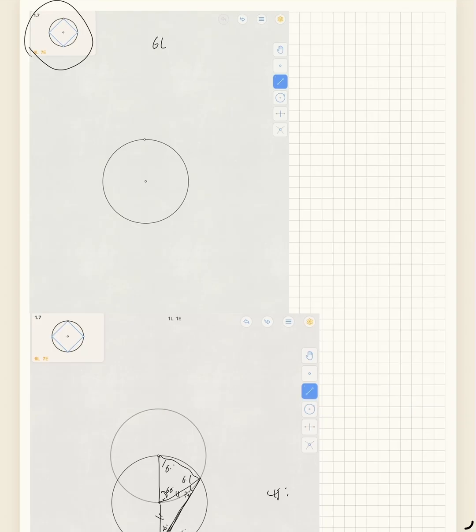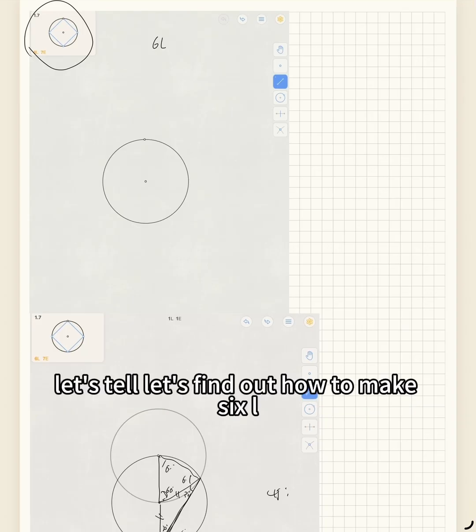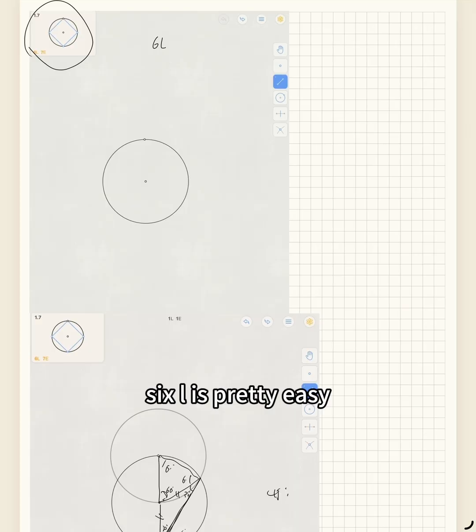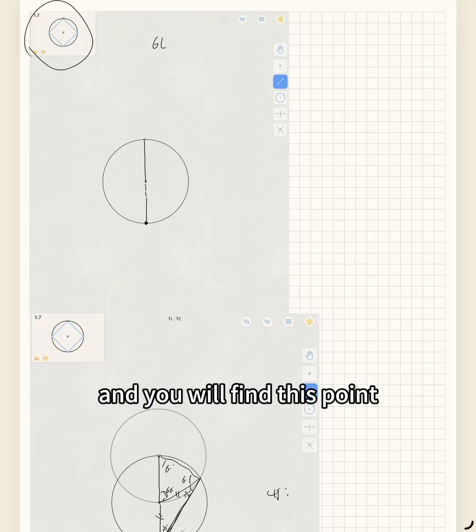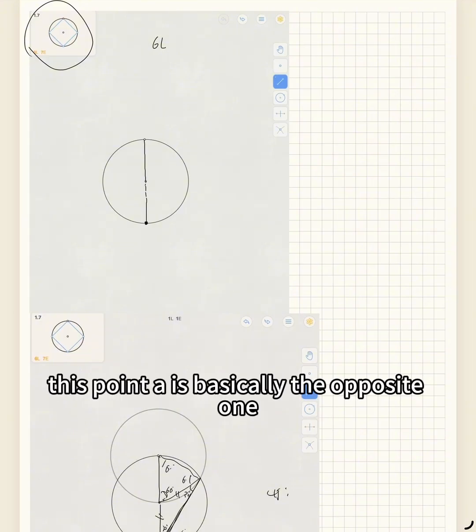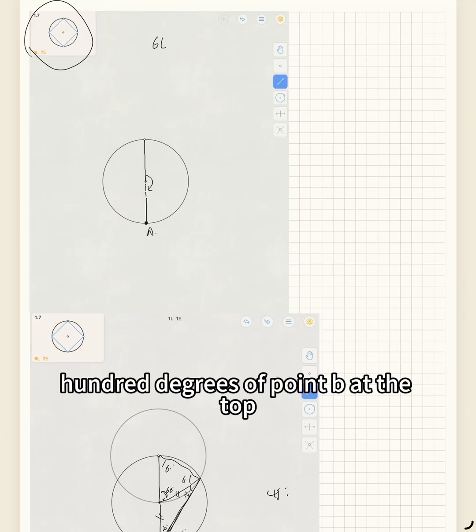First, let's find out how to make 6L. 6L is pretty easy. You just make a line here and then it will extend and you will find this point. This point A is basically the opposite, 180 degrees, of point B at the top.